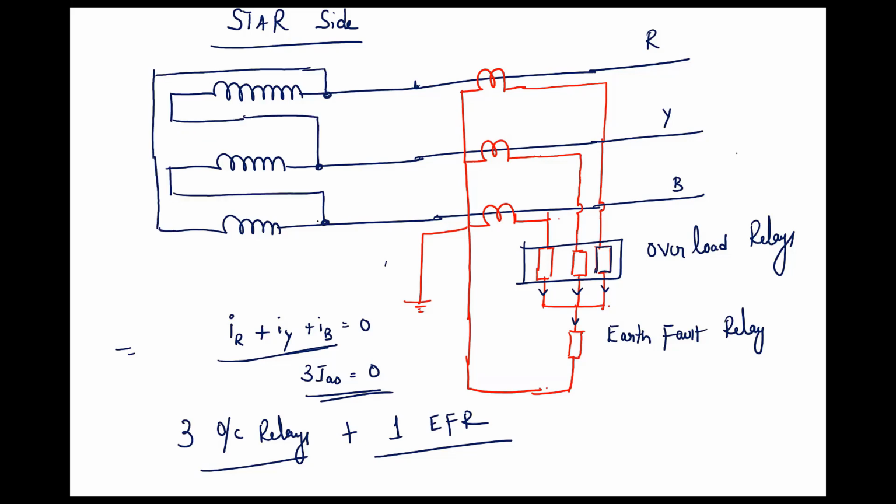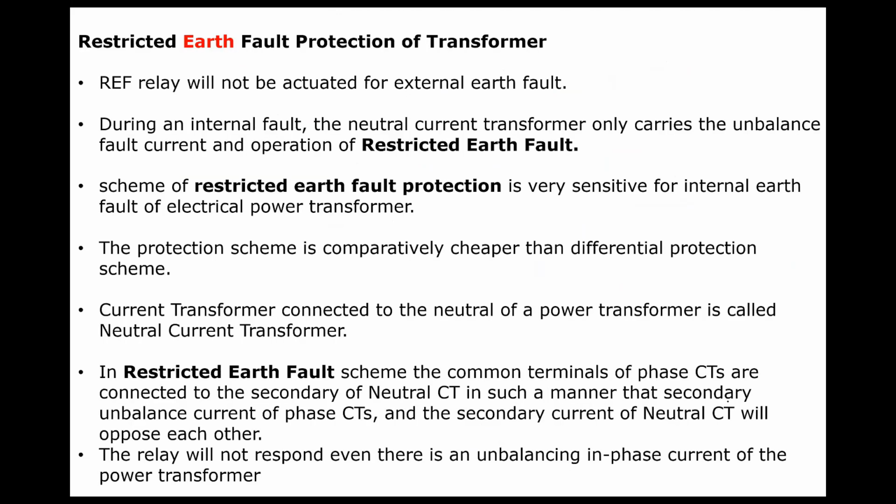You can implement the same scheme for the delta side also, with the same connection. So this is how you implement the overcurrent and short circuit protection in the transformer, on both star and delta side.